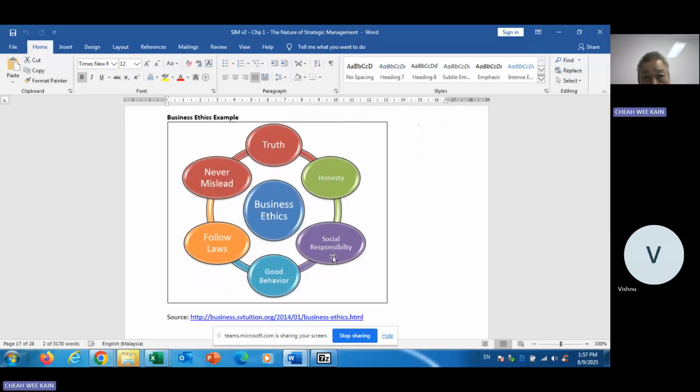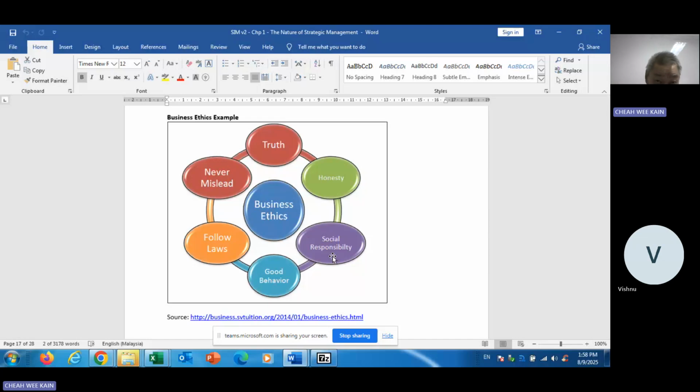They should not harm the society. They should promote the society. They should do something that is good for the society. That's called social responsibility. Another thing is good behavior. Your company should not have bad behavior, such as lying to the investors or lying to the customers. These are very bad behaviors. Follow laws. Now, what's the difference between law and ethics?